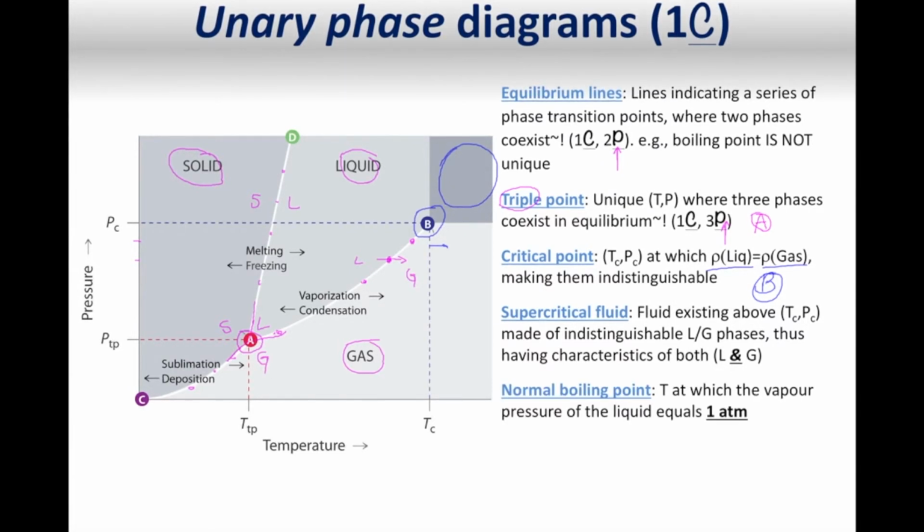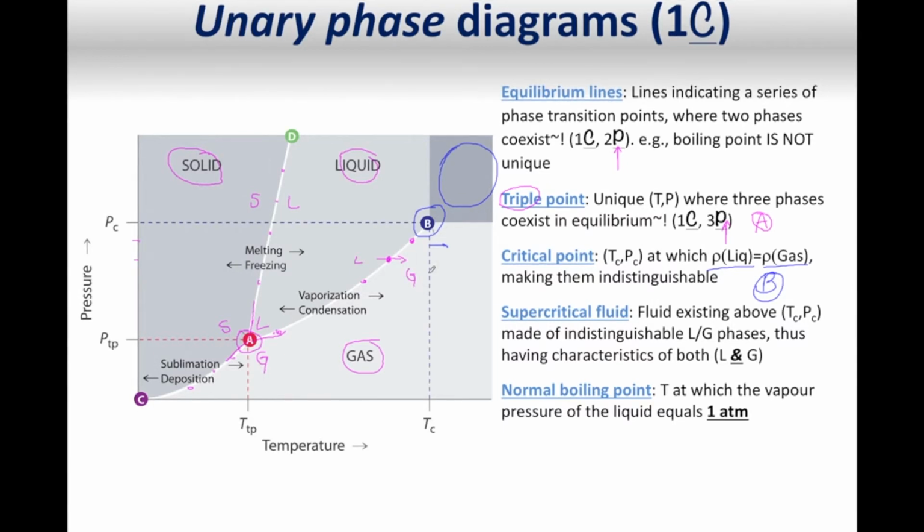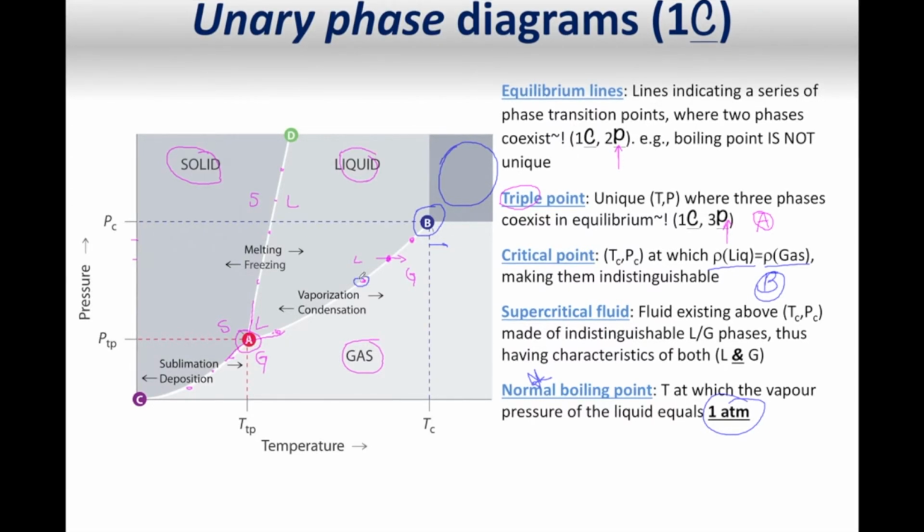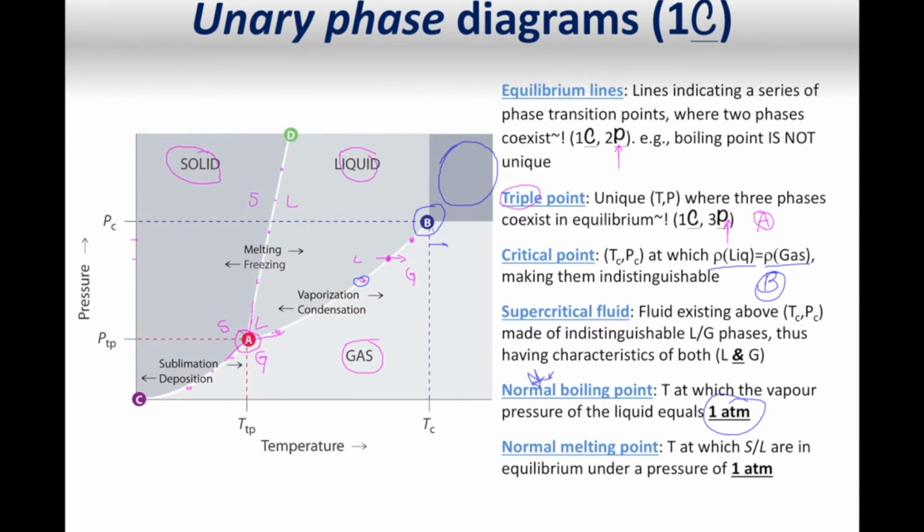Normal boiling point. Normal boiling point refers to a boiling point, but remember, along this line you have many different boiling points. The key here is that the normal boiling point is exclusively the one read at 1 atmosphere of pressure. Boiling point, boiling point, boiling point, but only the one read at 1 atmosphere of pressure is what we can call the normal boiling point.